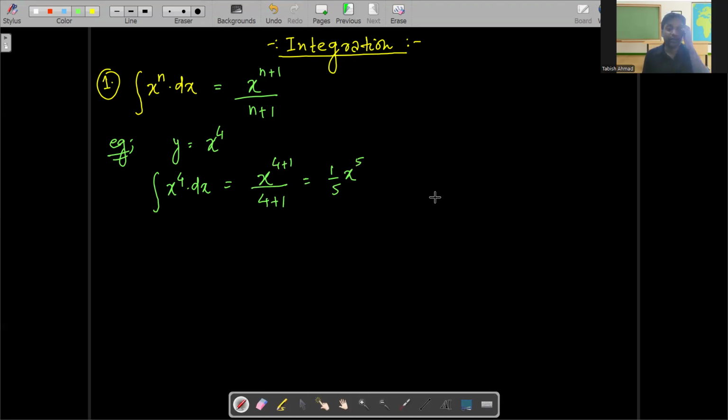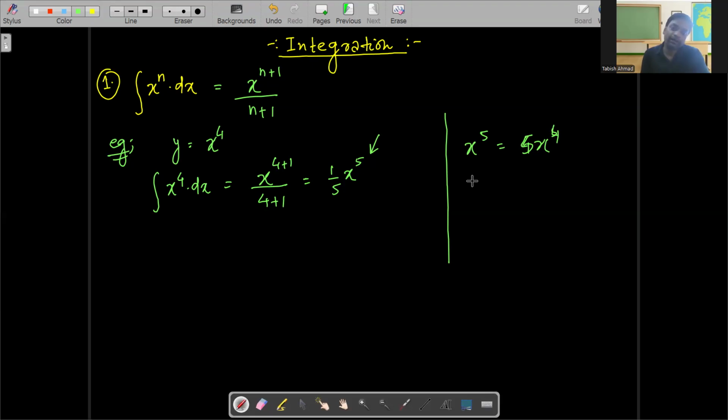One thing: this is the inverse of differentiation, and that is called integration. So what is the differentiation of x to the power 5? It is 5x to the power 4, that is n times x to the power n minus 1.